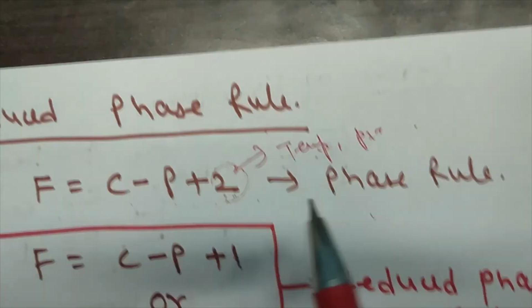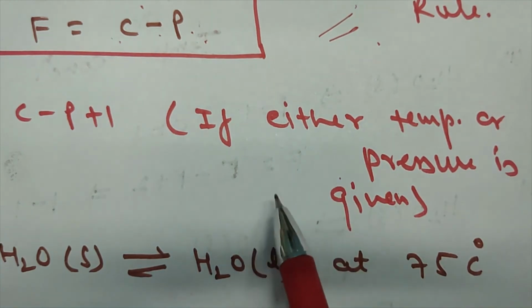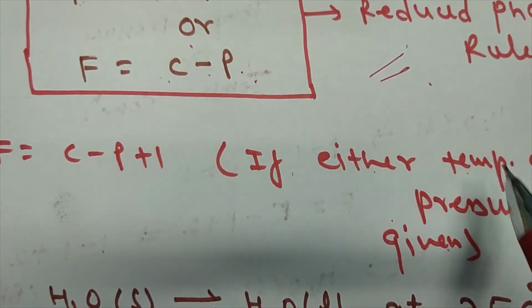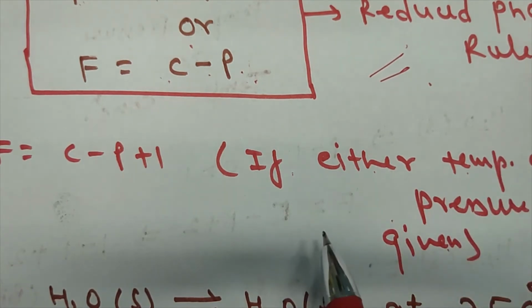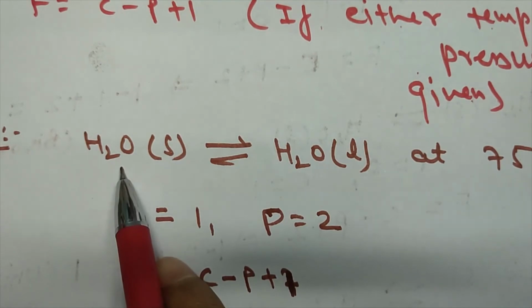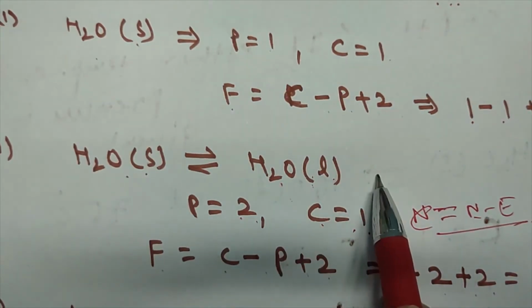What I have told you, this tells about the temperature or pressure, or temperature or concentration. If anything is mentioned in your equation, like either temperature or pressure is given, or temperature or concentration, like the example H2O solid, H2O liquid. Before that, when I solved this example, nothing was mentioned there, like any temperature or pressure.